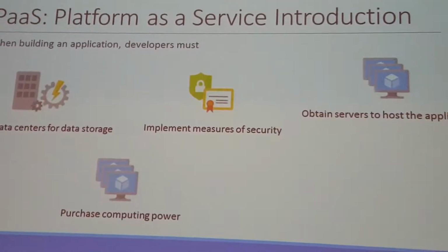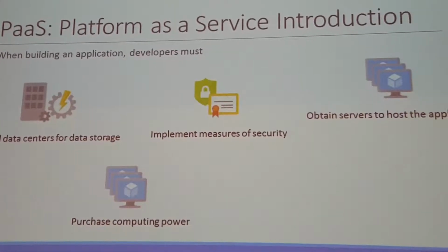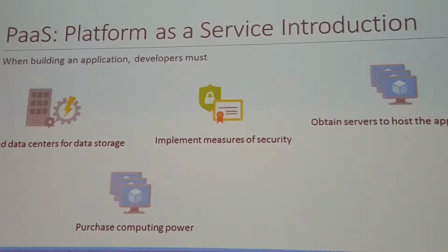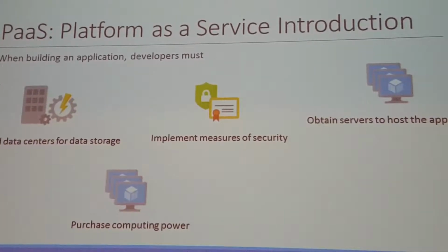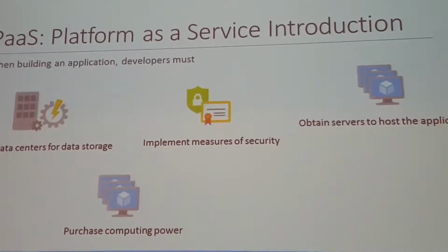Obtain servers to host the application, so obtaining a way to have the application move from locally on the computer, which is generally where people develop their applications, to where the rest of the world can see it. For example, if we're trying to build an email server, we would have to find a data center to store all the data, so information about users, their account information, as well as emails that they send to each other.